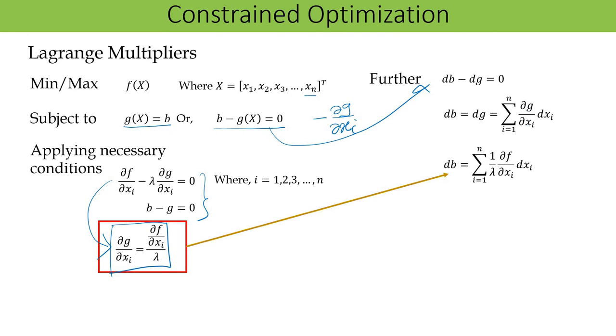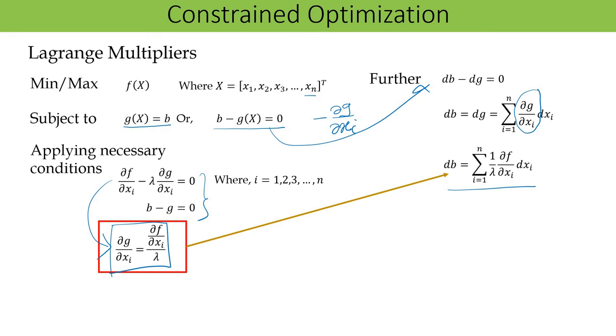Now if I put in that del g by del xi is nothing but del f by del xi divided by lambda, I'm putting 1 by lambda del f by del xi dxi. So I'm just replacing this term by this term. So I'm getting db equal to the summation of i equal to 1 to n of 1 by lambda del f by del xi dxi.